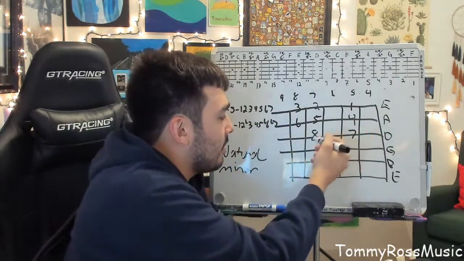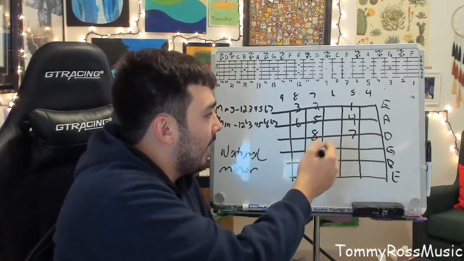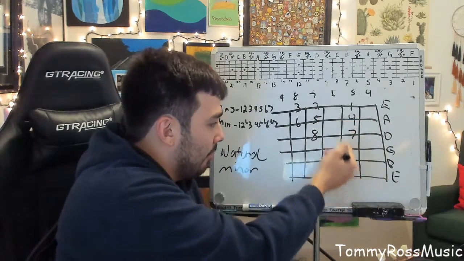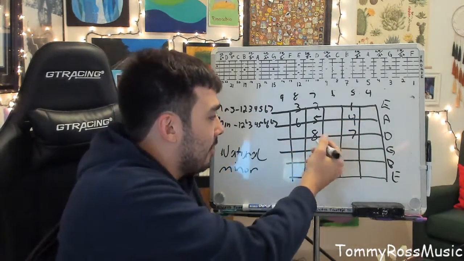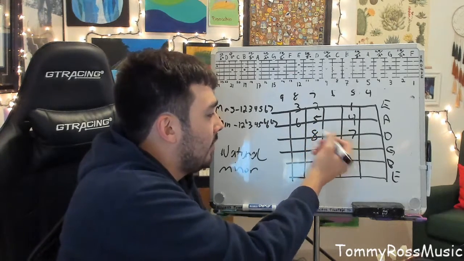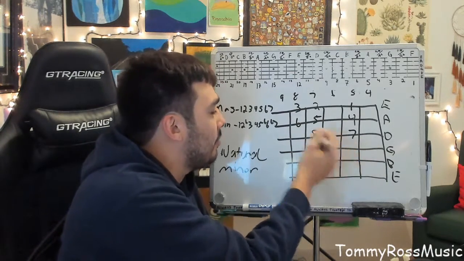Okay, so let's go ahead and chart out the next octave of each one of these notes. So 8 being 1, we're going to go on to 9 being the 2 note now.